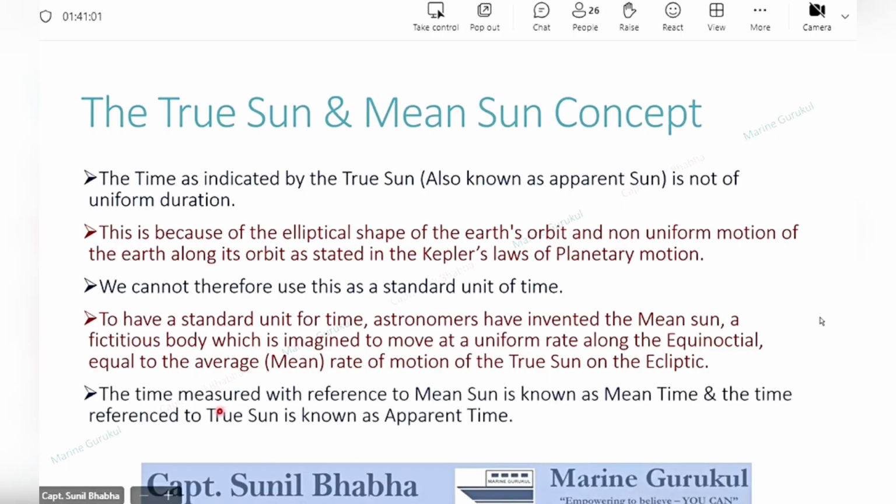Now the time which we measure with reference to the mean sun is known as the mean time. For example, GMT, that is Greenwich Mean Time, tells us that it is based on the mean sun. The time which is referred to the true sun is known as the apparent time.